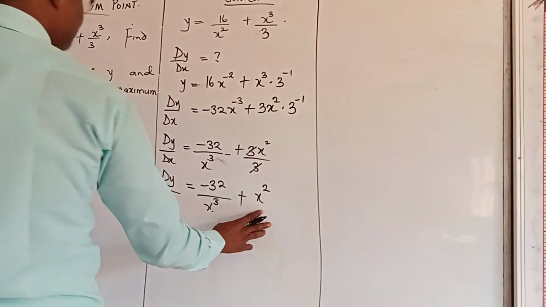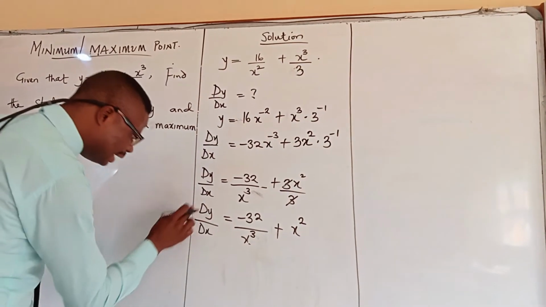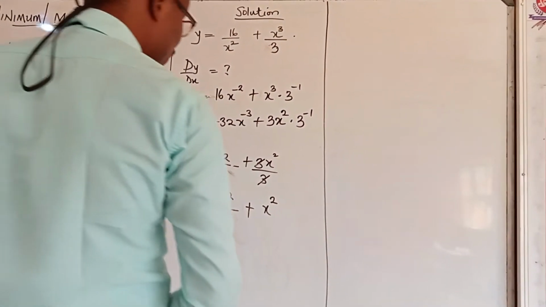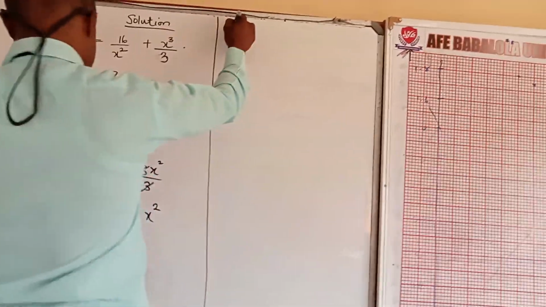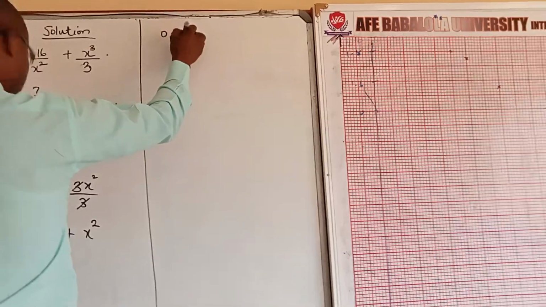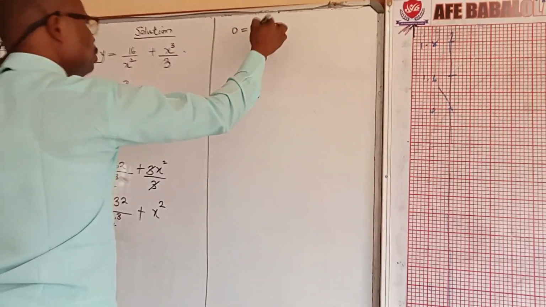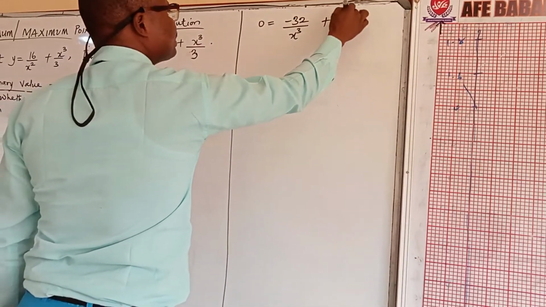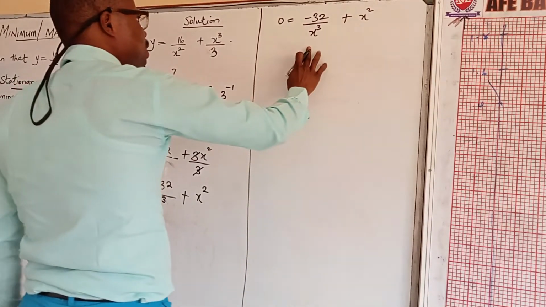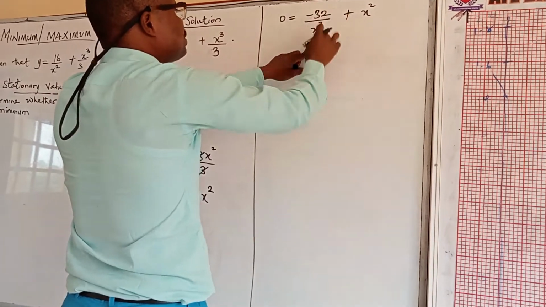Now, this is the stationary point. To obtain the stationary value, we take dy/dx to be equal to 0. So we have 0 equals minus 32 over x cubed plus x squared. To solve this equation, it is best that we multiply all through by x cubed so that x cubed cancels here.